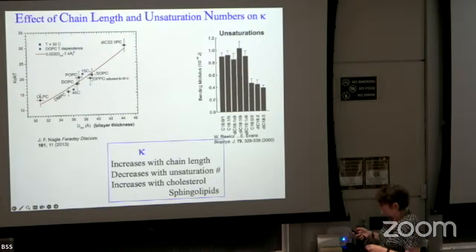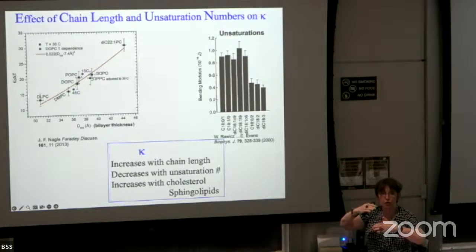Now if I look at how the bending modulus depends on the composition of the membrane, you can see here different moduli which have been measured for different compositions. Here the chain length is increasing, and you can see that the longer the chains, the more difficult it is to bend the membrane.